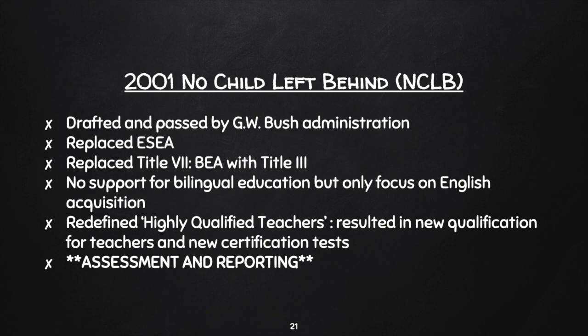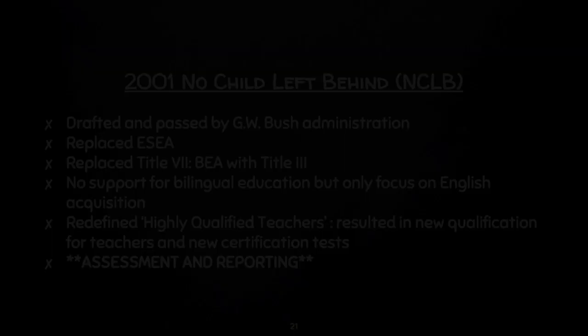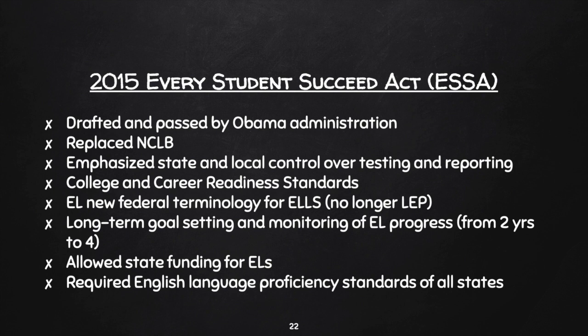So a big thing to remember about No Child Left Behind is it was huge on assessment and reporting, and really did introduce these ideas that just lingered long after it was done. In 2015, the Every Student Succeeds Act was drafted and passed by the Obama administration, and it effectively replaced No Child Left Behind.